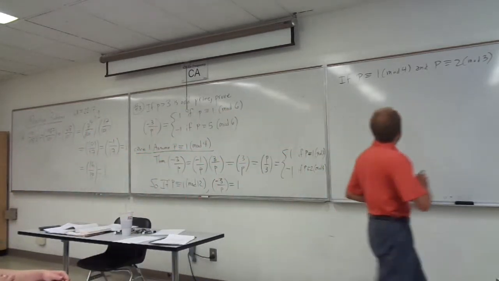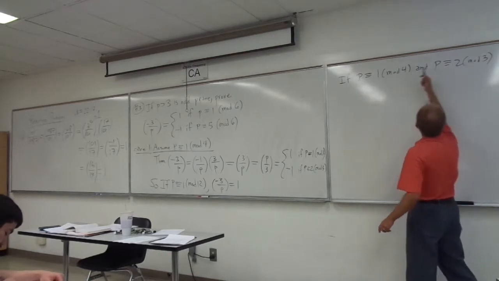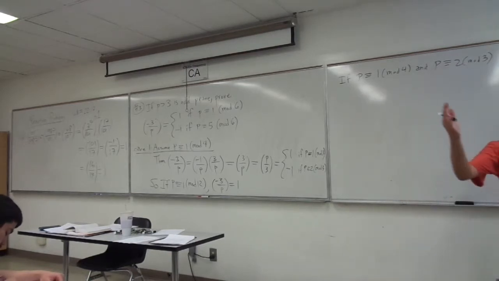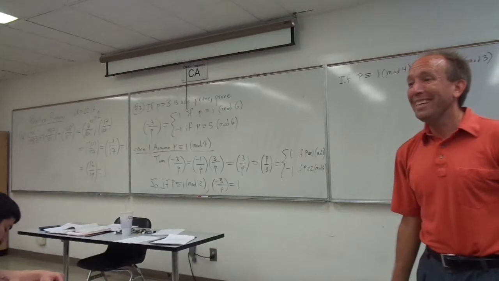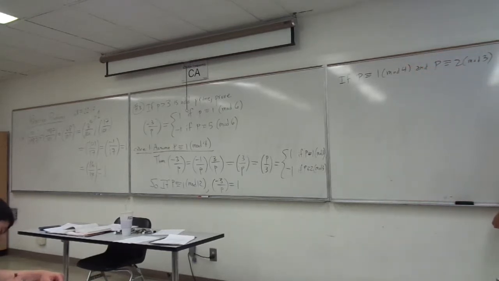What would p be congruent to mod 12 in order to make that work? 5, right? 5 works here, 5 works here, and there's only one solution mod 12, so that must be it, right? So if p is congruent to 5 mod 12, then the Legendre symbol of -3 is -1.